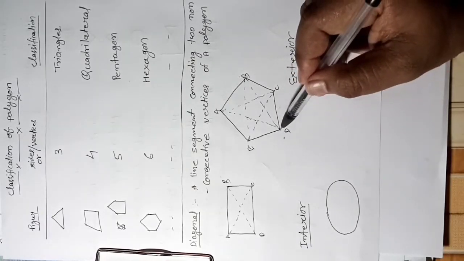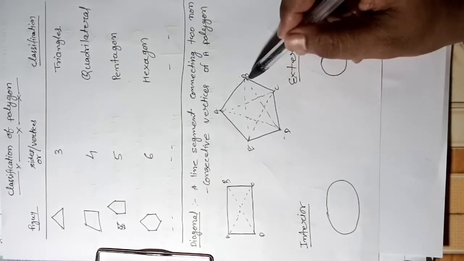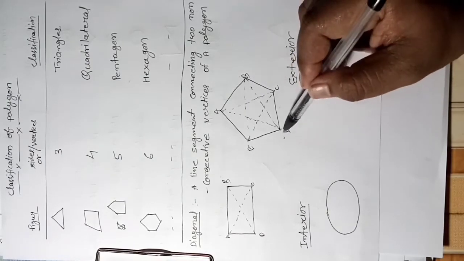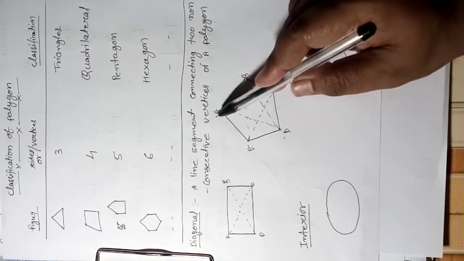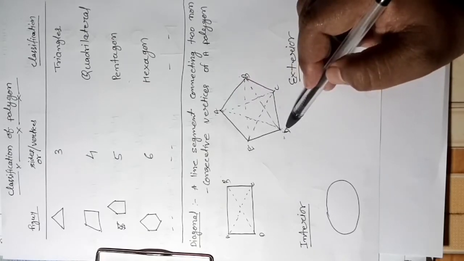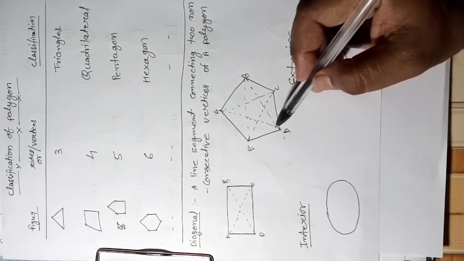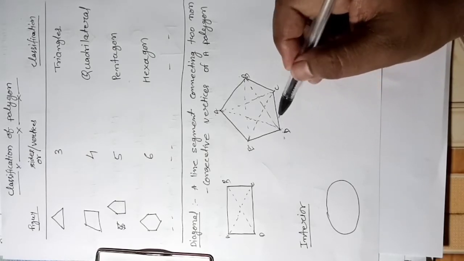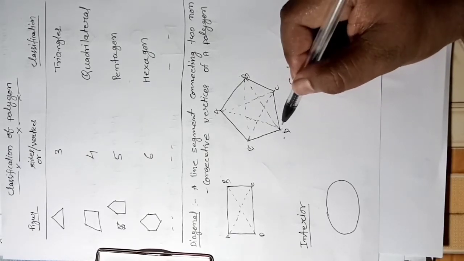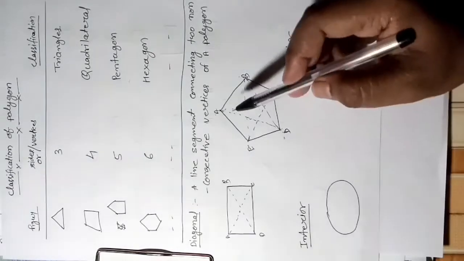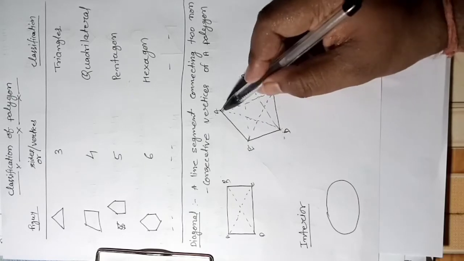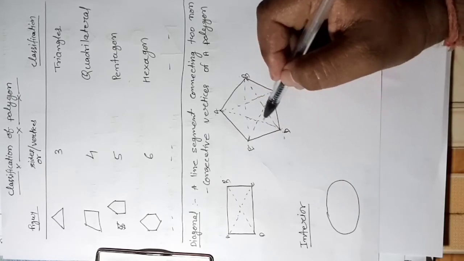So DB or BD is a line which joins two points B and D which are not consecutive. Similarly, A and D are not consecutive, right? So what does this mean? A diagonal is a line segment which joins vertices which are not consecutive, right?